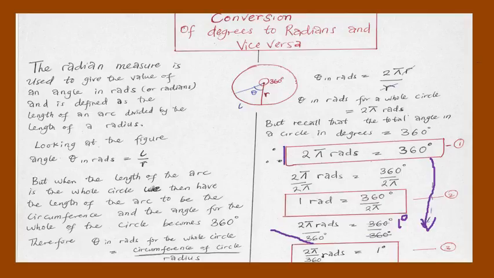From this basic one, we can derive everything. If you just know this equation, 2 pi radians equals 360 degrees, you will be fine. The word radians is just the unit of the radian measure, the same way the degree sign is the sign for the unit of degrees.